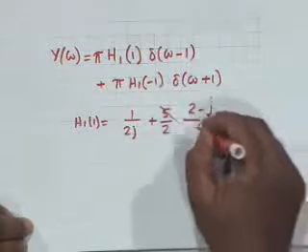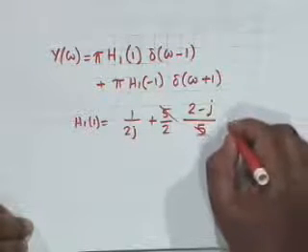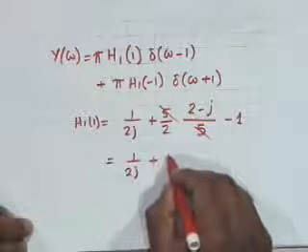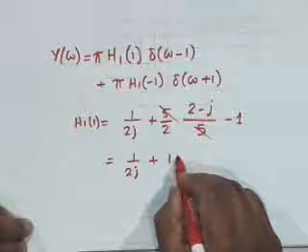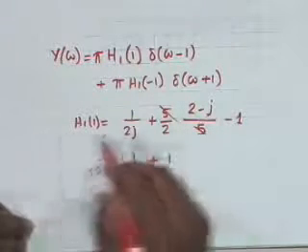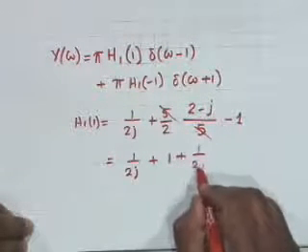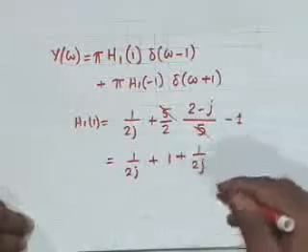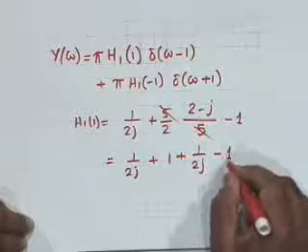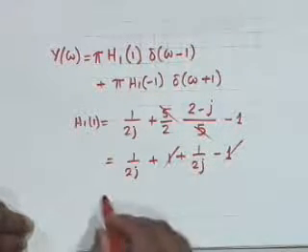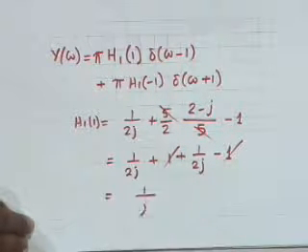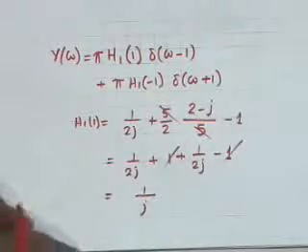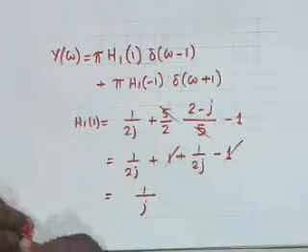This should have been obvious, so 5 and 5 cancel, and minus 1, and therefore this is 1 over 2j plus 1 minus j by 2. I can write this as plus 1 over 2j. Is that okay? Minus j by 2 I can write as 1 over 2j minus 1, and you see that 1 and 1 cancel, and therefore I simply get 1 over j. Alright? If this trick is exercised, then the problem becomes extremely simple.